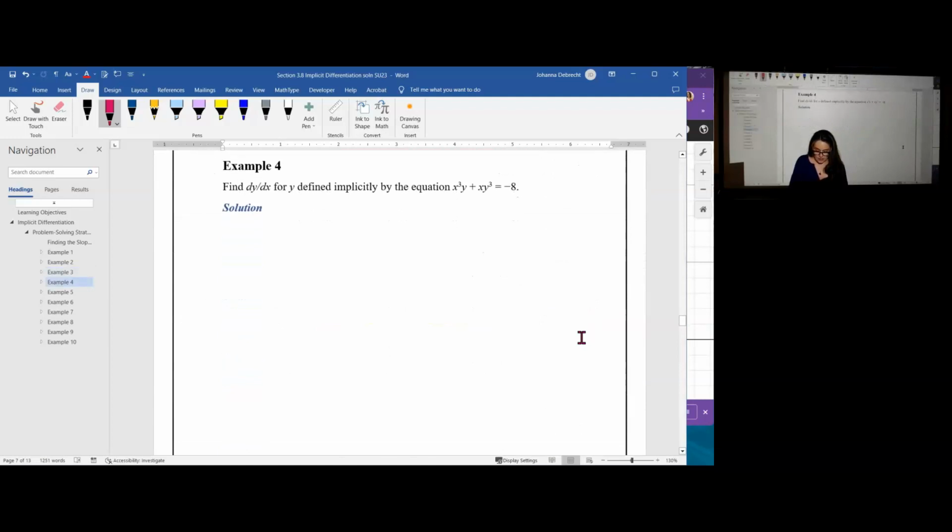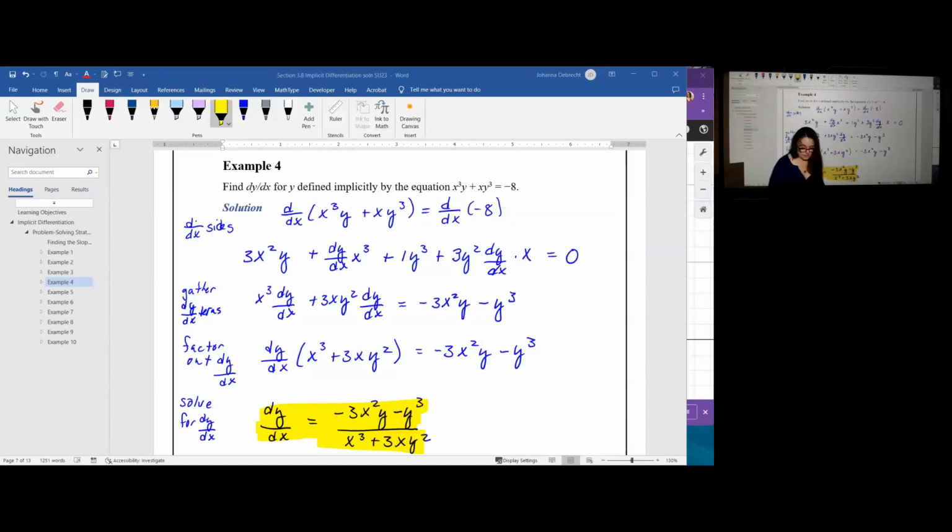Go ahead and pause the video to work out example 4 as well. Let's compare our work. This one's a bit more straightforward because it doesn't have as many product rules and chain rules. It does have 2 product rules, however, but they're within polynomial expressions.